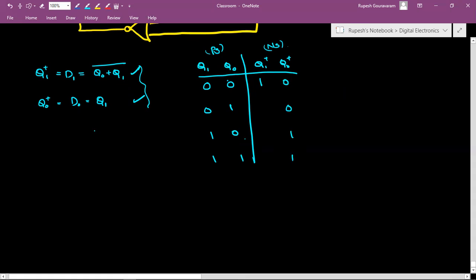And Q1 plus is the NOR gate of Q0 and Q1. That is 0 plus 1 is 1, so it will be 0. Remaining will be 0. That means if the state is 00, what will be the next state? Next state will be 10. See from this table, the state is 00, the next state will be 10. Next, for 10, the next state will be 01.